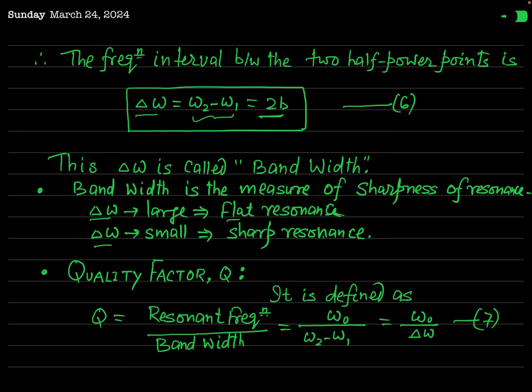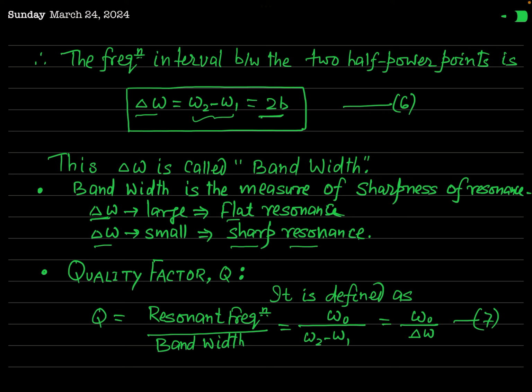But if the bandwidth is small, it means that due to a smaller deviation of omega from omega naught, there will be a large fall in power absorption. In that condition, we say that resonance is sharper. So you can see delta omega is a powerful tool to know the nature of resonance. If delta omega is smaller, resonance will be sharper. If delta omega is larger, resonance will be flat.